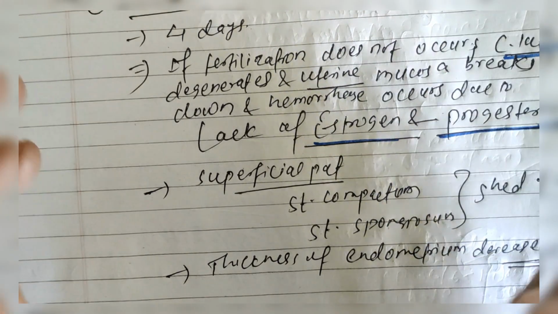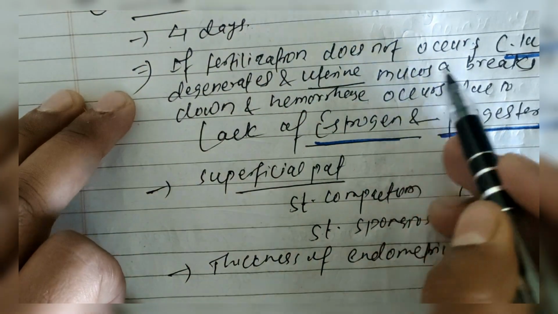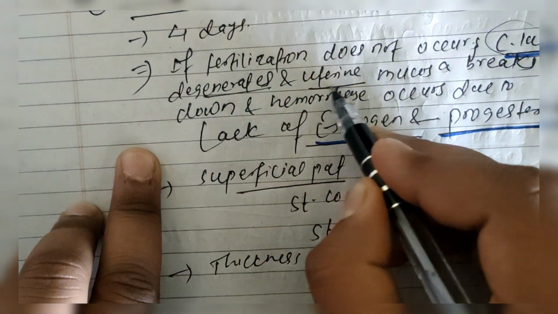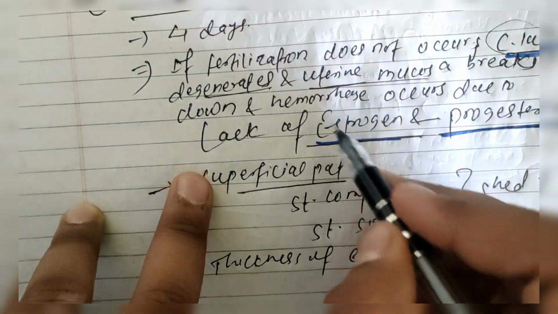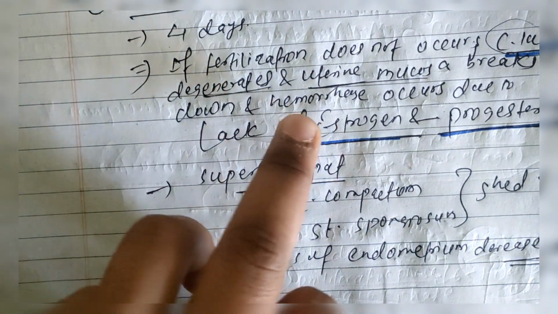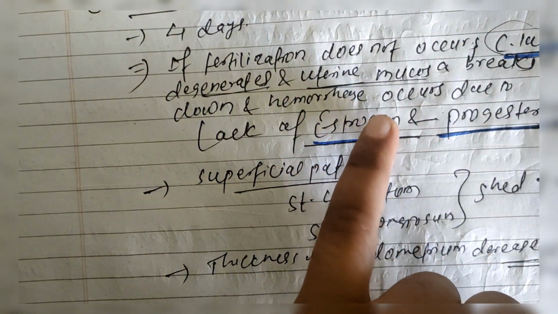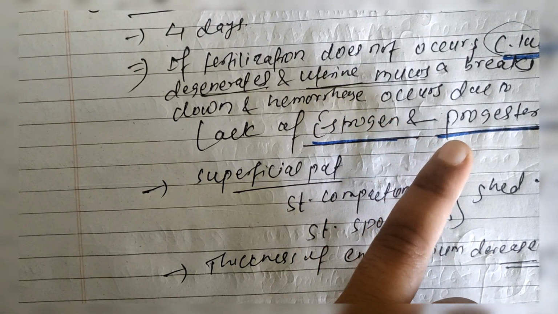In the bleeding phase, if the fertilization does not occur, the corpus luteum degenerates and the uterine mucosa breaks down and the hemorrhage occurs due to the lack of estrogen and progesterone, and that is called the menstrual blood. In the menstrual blood there is uterine mucosa, blood, and then ovum. These all are in the menstrual blood.